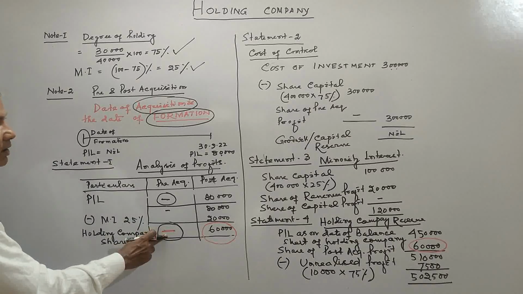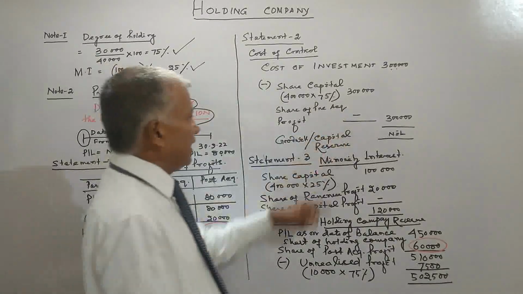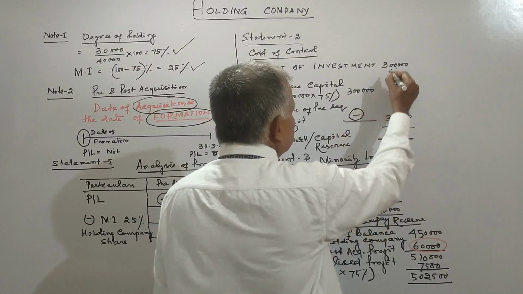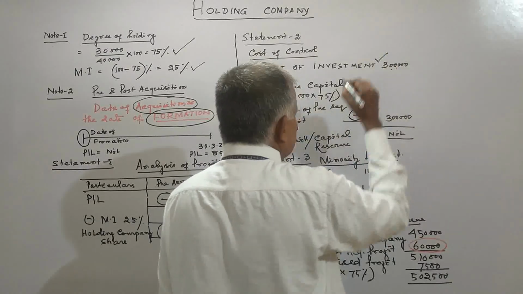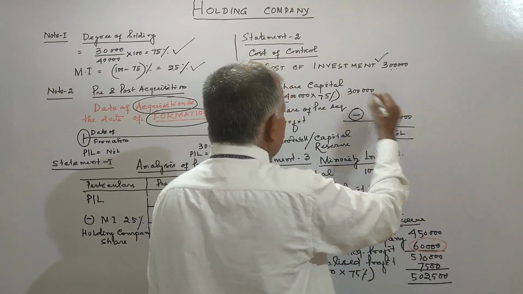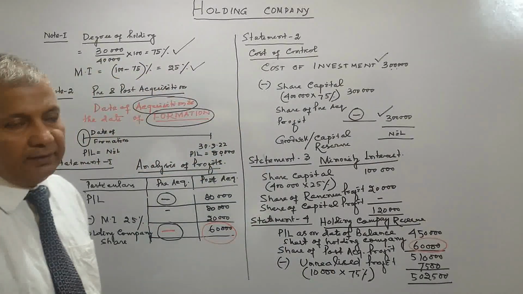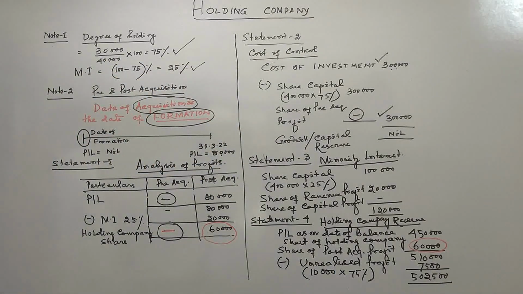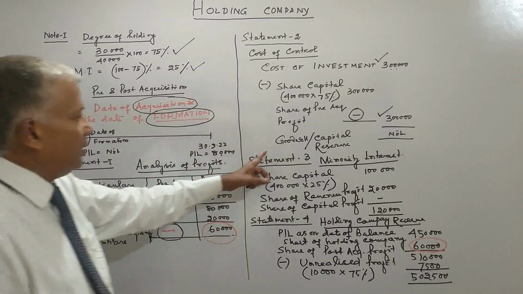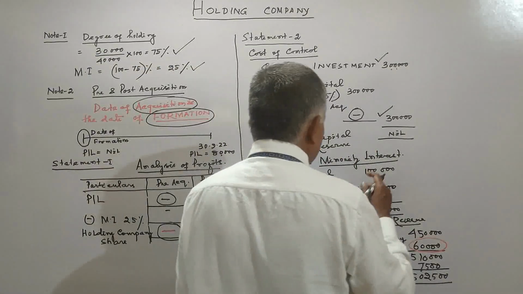So 3 lakh is the cost of investment, the book value of investment in the company. Therefore, no goodwill and no capital reserve.